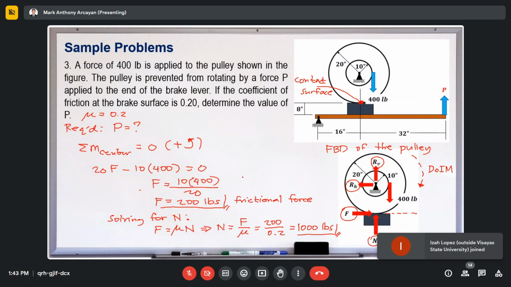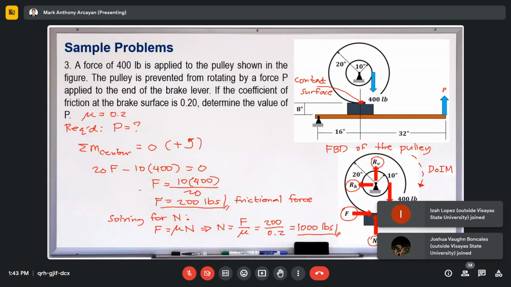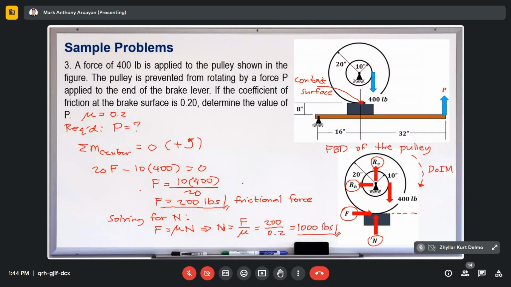Okay, so we have obtained the frictional force F and the normal force using this FBD of the pulley. Now, if your class requires the values of the reactions at the center of the pulley, then perform summation of forces along the horizontal and along the vertical to solve for the reactions.